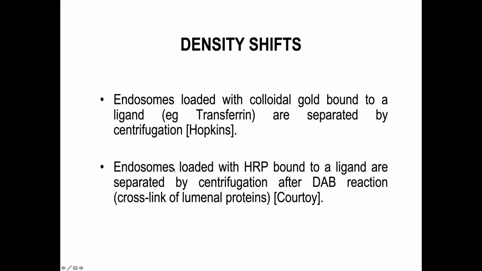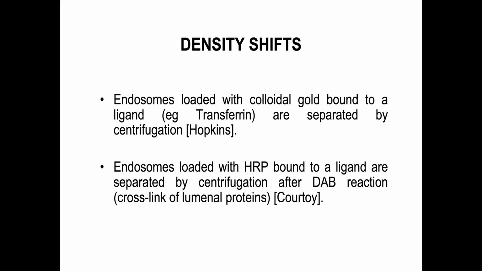Also endosomes where we have loaded this enzyme, horseradish peroxidase, bound to a ligand, because you can label any ligand with this enzyme. When we add diaminobenzidine to cells, for instance, that have internalized this ligand, or to endosomes that have been purified in the post-nuclear supernatant, for example, and perform this reaction, then an aggregate is cross-linked and proteins are cross-linked in the lumen of the endosome.